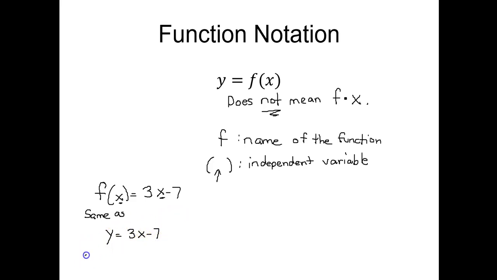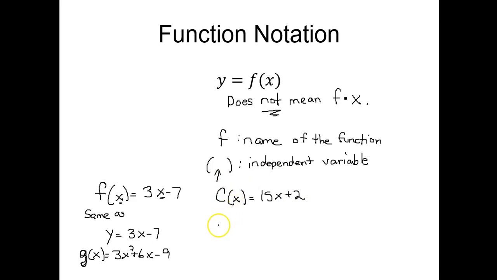You can use other letters too. You could say g of x equals 3x squared plus 6x minus 9 or something. You can use other names, capital letters, lowercase letters. You could say like a cost function, c of x equals 15x plus 2, something like that. So different letters.